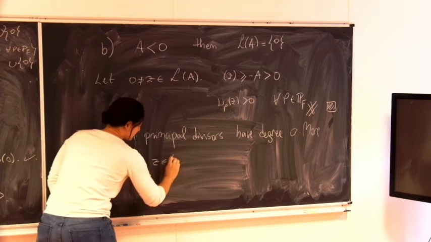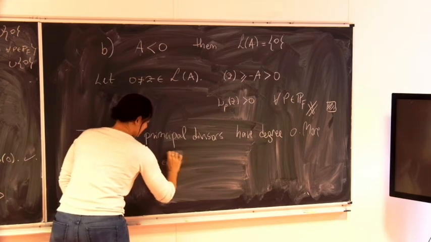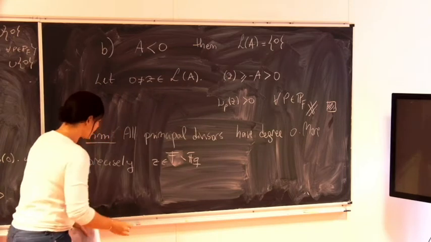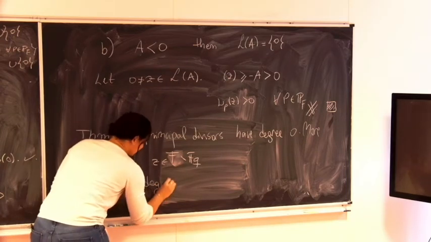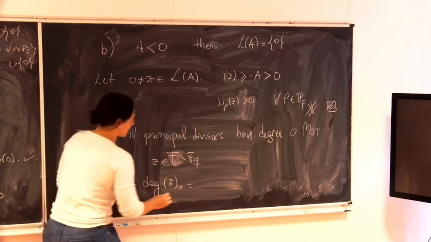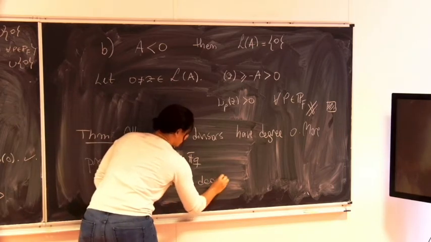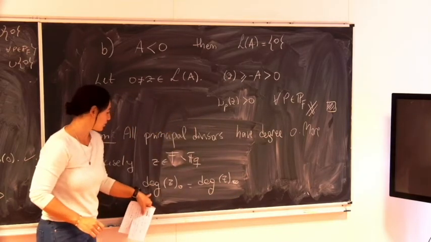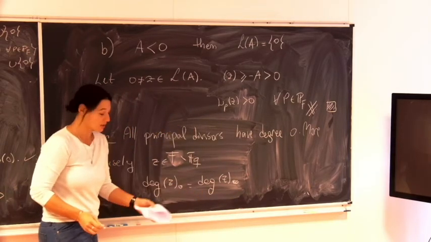if an element belongs to F, and let's remove the constants, then the degree of the zero divisor is exactly the same as the degree of the pole divisor. So when I do one minus the other, I get 0.